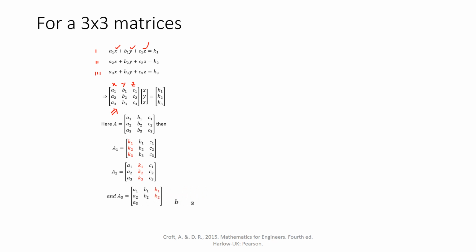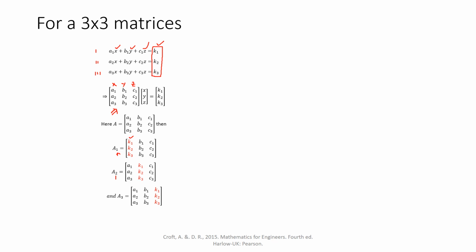That I will explain in examples. So this is the basic definition: on the basis of A, how matrices A1, A2, A3 are achieved. The same concept, see, this is A1. In A1, this constant column matrix is placed in column 1.